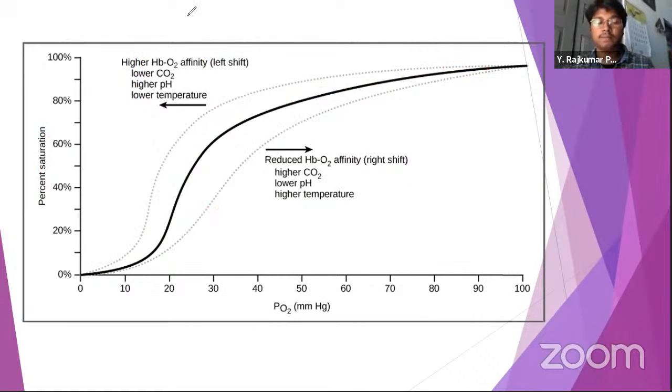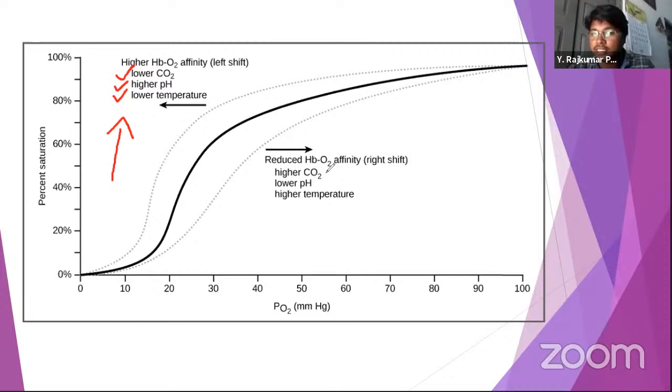You can see here the conditions which are favorable for oxyhemoglobin formation: oxygen saturation is high when carbon dioxide is low, pH is high, and temperature is low. In these conditions, oxyhemoglobin formation is high.